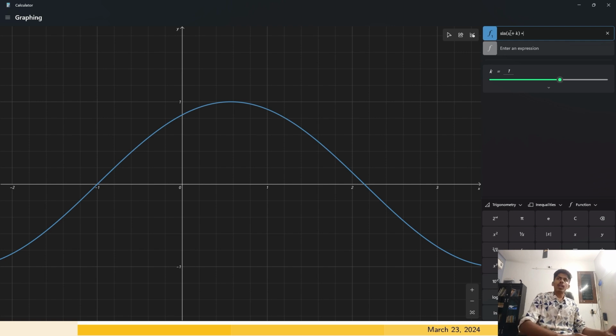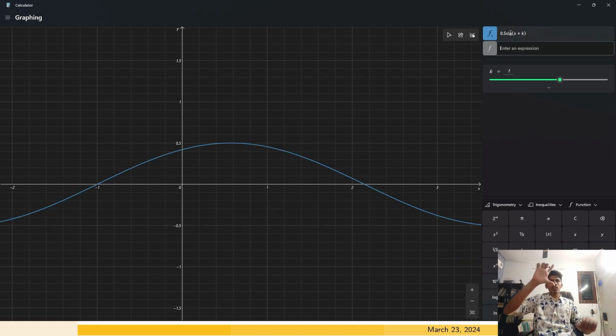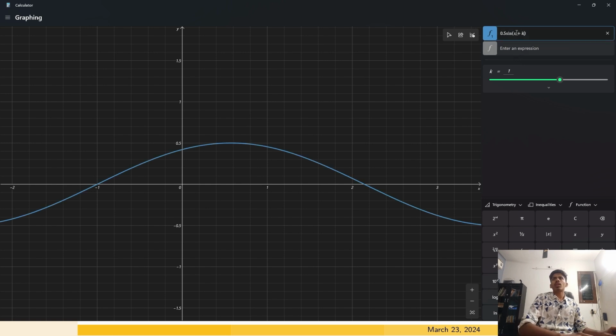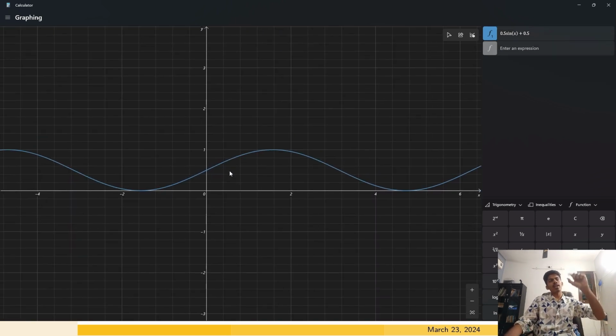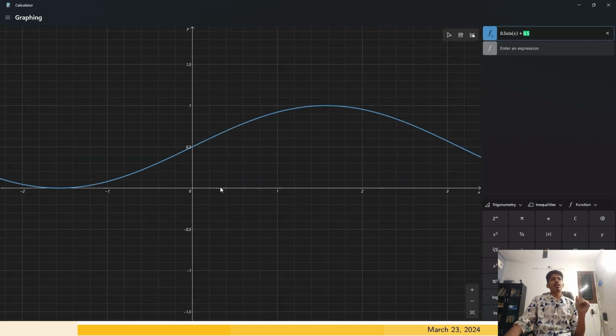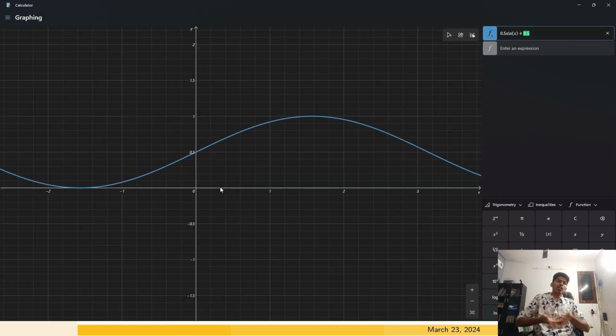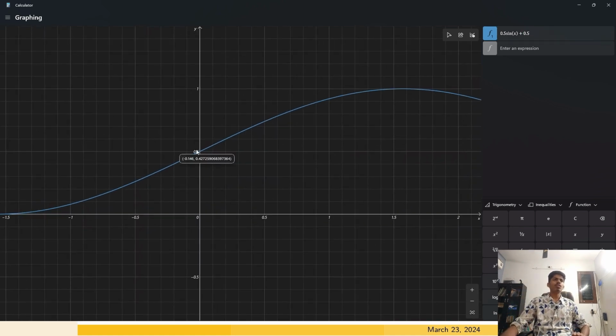So I am multiplying it by 0.5, which reduces the amplitude by half, and then I have to add 0.5 here. So I divided and added some value. So our entire waveform got shifted up and scaled down. So now the waveform ranges from 0 to 1.